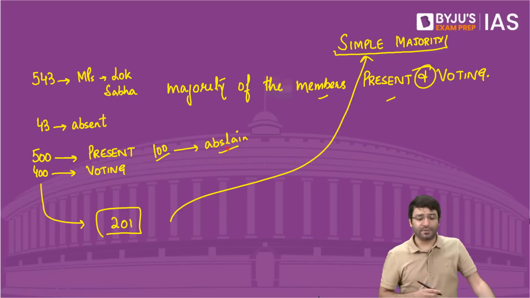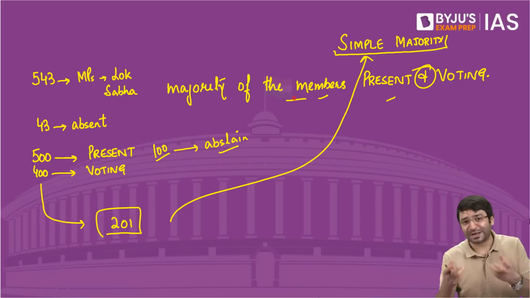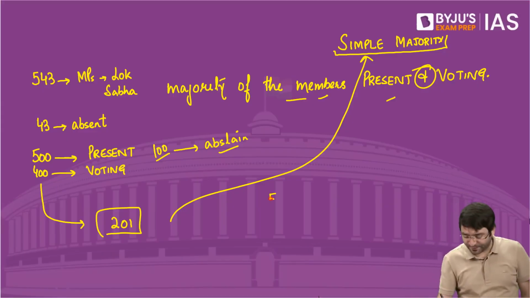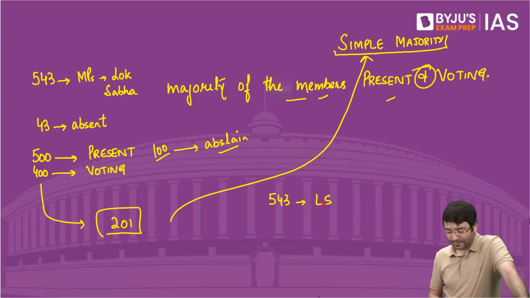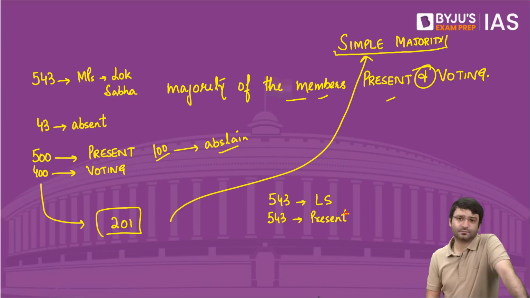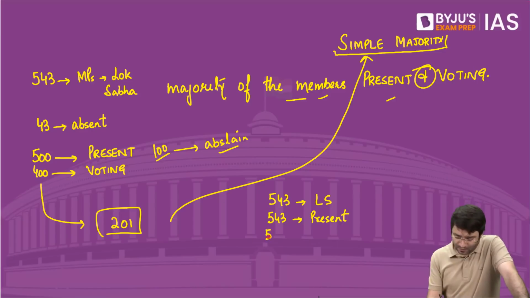Simple majority means majority of the members present and voting. If, for example, 543 is the strength of Lok Sabha, all these 543 MPs are present. Clear? All these 543 MPs are voting as well.